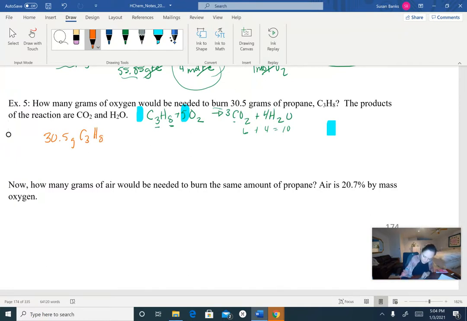Let's do our molar mass. So C, I've got 3 of them, and carbon is 12.01. And hydrogen, I've got 8 of them, and hydrogens are 1.01. So we need to come up with this molar mass. So 3 times 12.01 is 36.03, and 8.08.